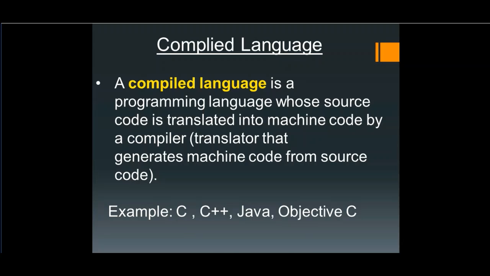A compiled language is a programming language whose source code is translated into machine code by a compiler. It's basically a software or translator that generates machine code from source code.